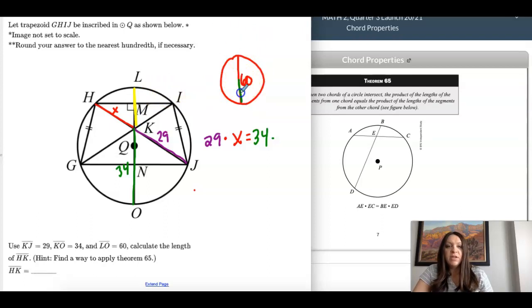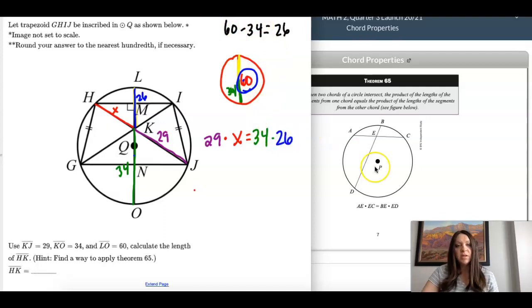So if I know this is 34, I can find the length of the other one by taking 60 minus 34. So 60 minus 34 is 26. So actually LM right here would be 26 because those two would need to add up to be 60. Okay, so 34 times 26.